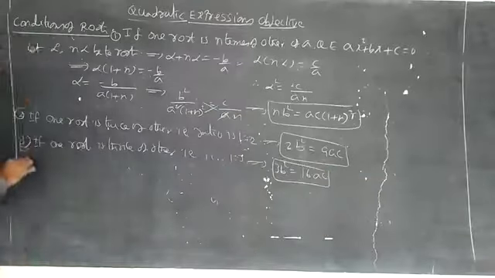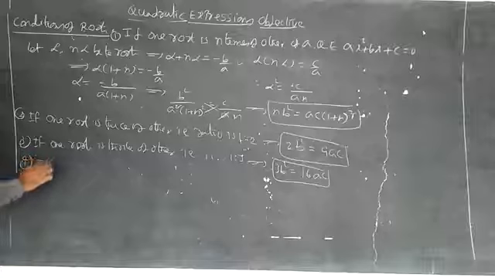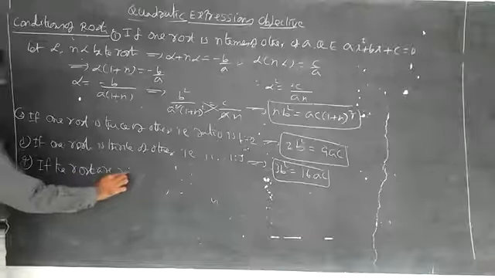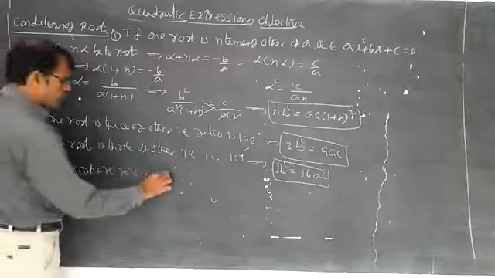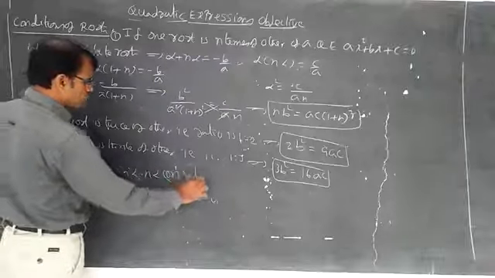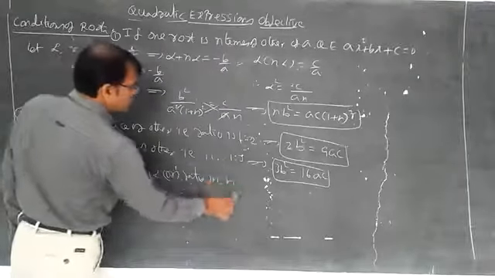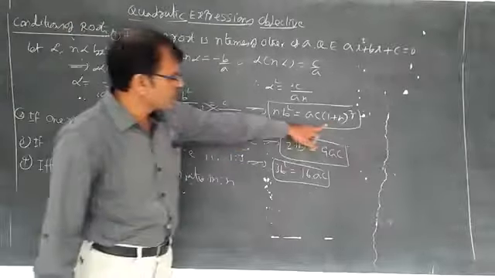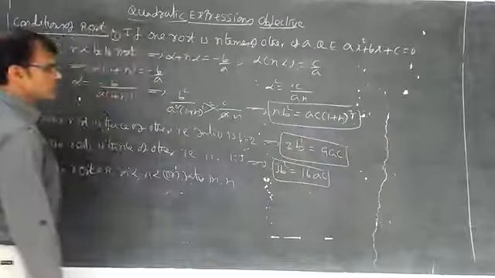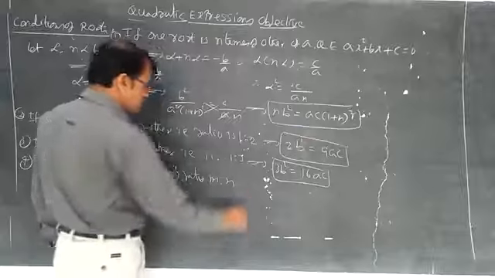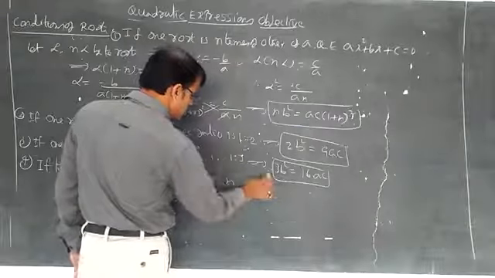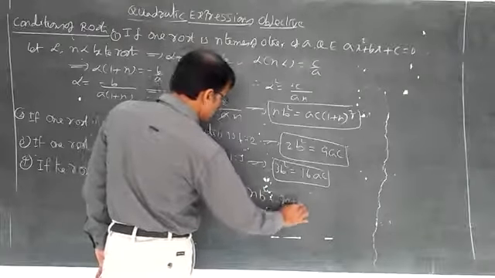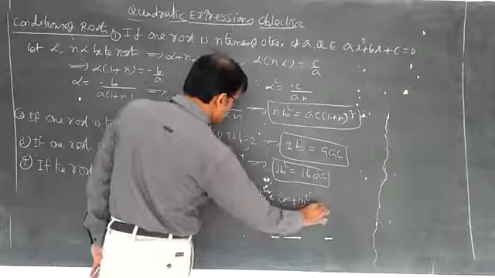Next formula is also there. If the roots are in the ratio m:n, that is, if the roots are m alpha comma n alpha, we can write here m instead of 1. nb square is equal to m plus n whole square into ac.